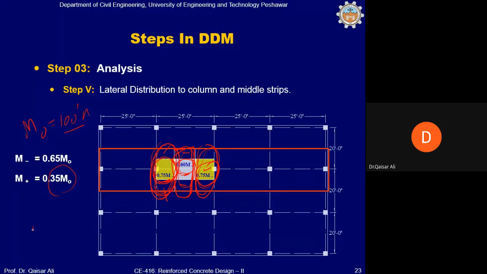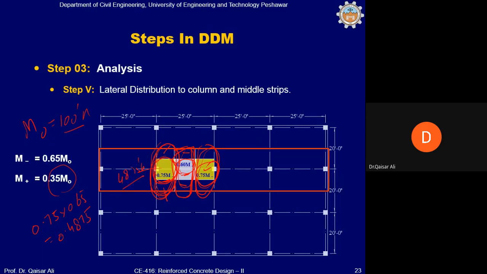So 0.75 into 0.65, which is 0.4875, will come here, which means around 48.75 foot kip bending moment will come here.